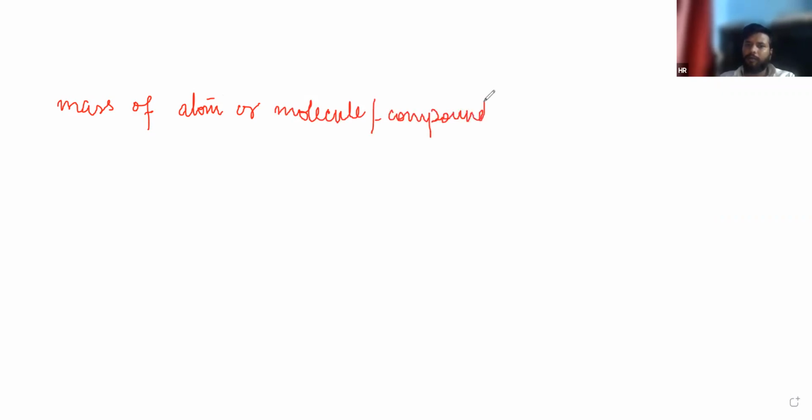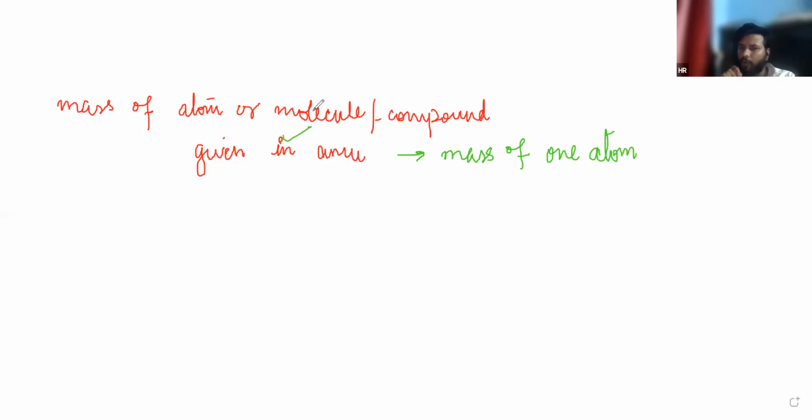What we discussed in the last class is how to find the number of atoms when mass is given in terms of AMU. If the mass of an atom, molecule, or compound is given in AMU, atomic mass unit, that means the mass of only one atom, one molecule, or one compound.